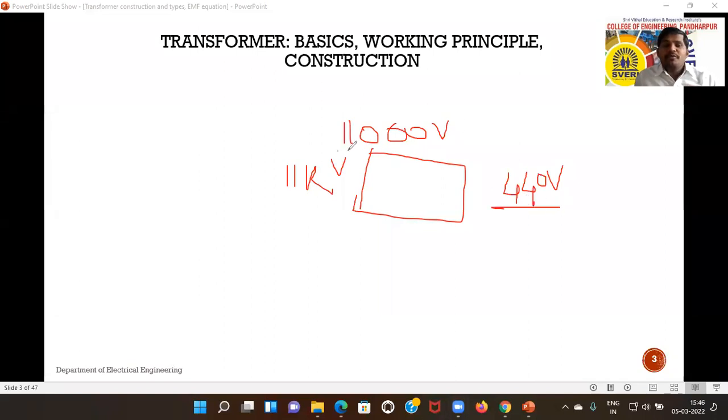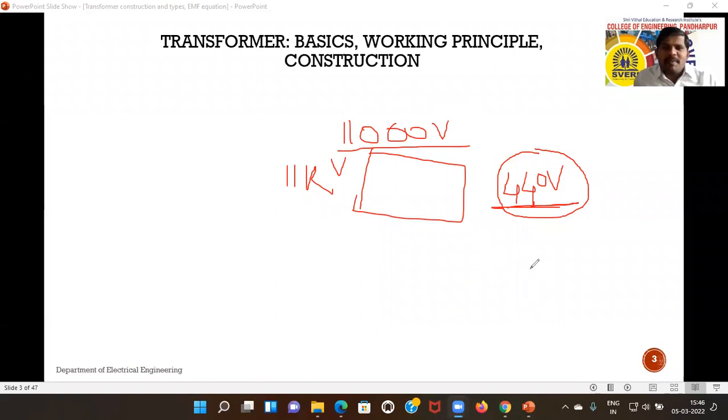See, input to the transformer is 11,000 and output of the transformer is 440 volt. This is the voltage. Whether it is step up or step down? Step down.